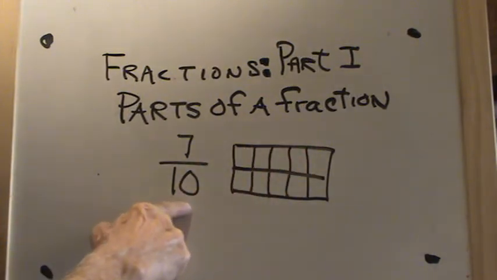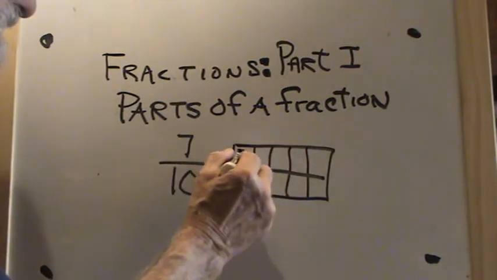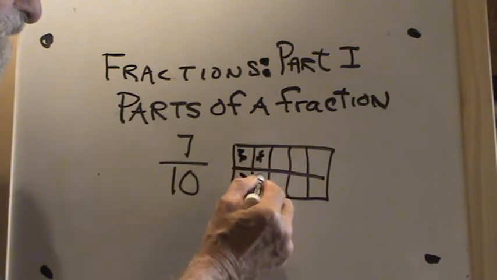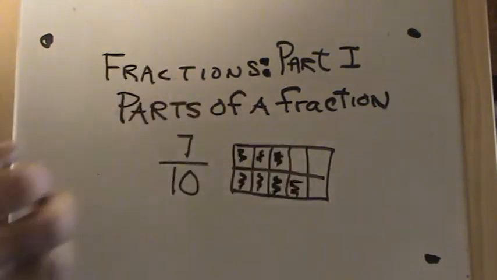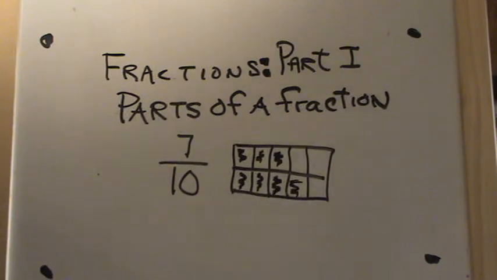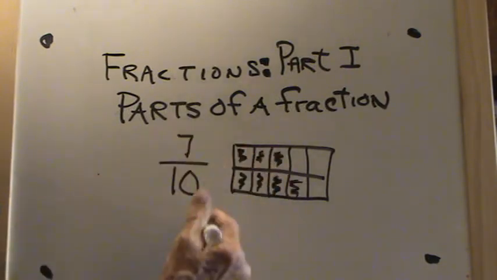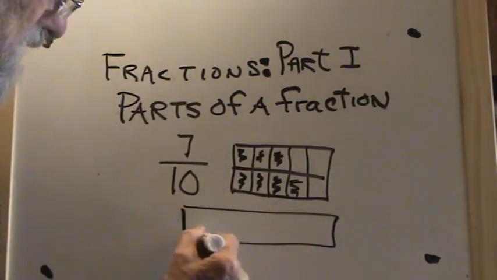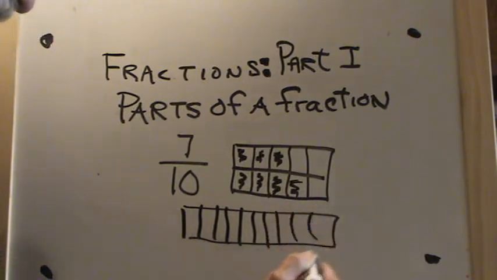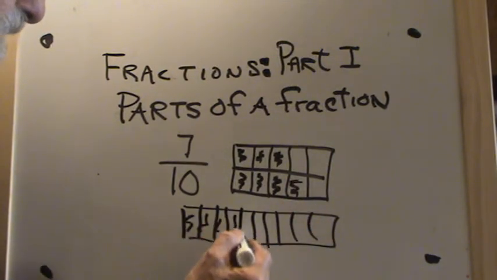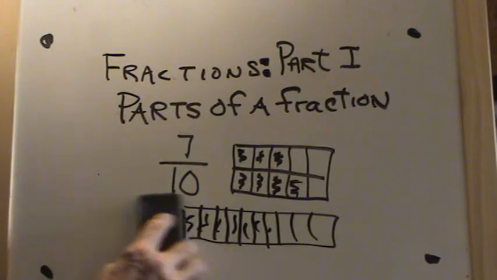There's 10 pieces in the whole, and we're interested in 7 of them. So 4, 5, 6, 7. So that would be 7/10. Excellent. Oh, and of course you could have drawn it this way. You could have drawn 10 pieces and colored in 7. Either way is fine.